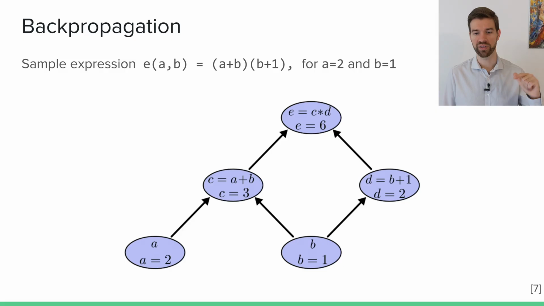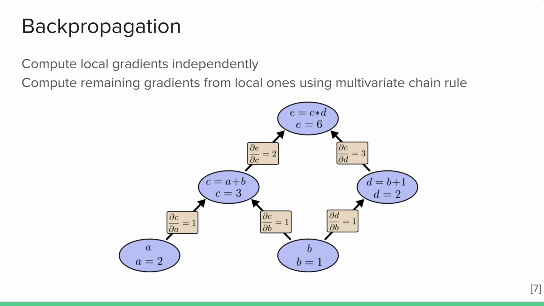Now comes the interesting part. We ran some data through our network. Now we can compute the gradient. We compute the local gradients independently. So we have our function e with respect to c. In our case, this was a multiplication, so we would take the other value, in this case 2. The partial derivative of e with respect to d would be 3. And then we have a couple of additions for which the partial derivatives are 1.